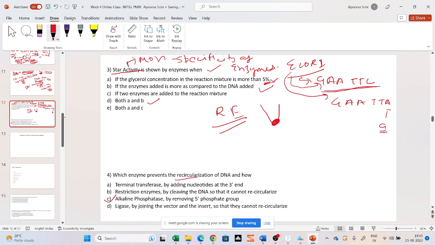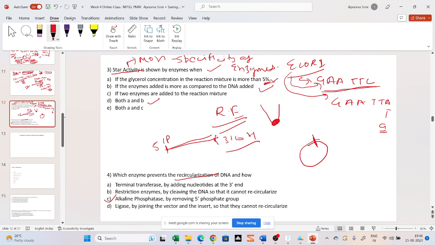So what is recircularization? Suppose this is my vector. Now, I cut it with a restriction enzyme. We know that in a linear DNA, at the 5 prime end you have a phosphate group, and at the 3 prime end you have an OH group.